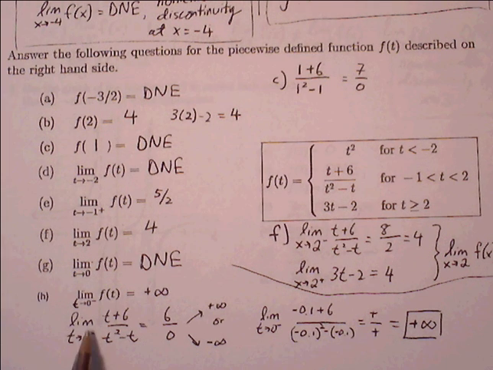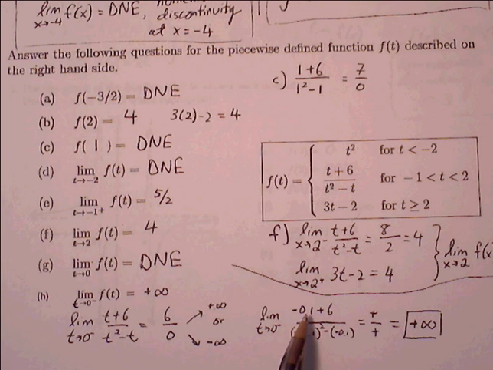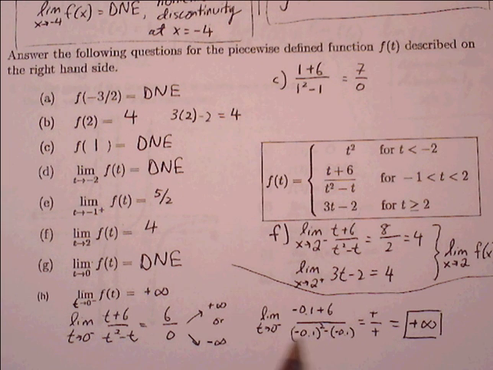Negative 0.1 plus 6 is a positive value. Then negative 0.1 squared minus negative 0.1 is also a positive value, so positive over positive. We know that as the graph approaches 0 from the left side of 0, the graph is going to shoot up to positive infinity.